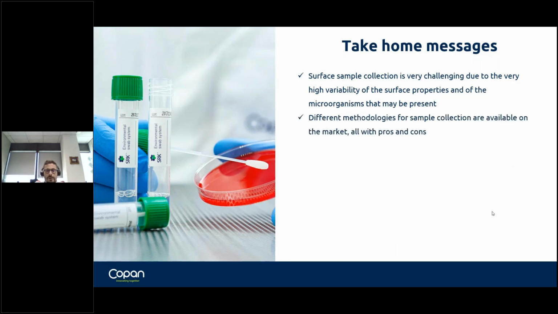It makes it quite difficult. Different methodologies for sample collection are available, of course, all with pros and cons. So the perfect collection device doesn't exist, but swabs, despite showing certain limitations, for example on a big area, are definitely one of the most universal, because they allow you to collect different types of analytes, microorganisms, and more.